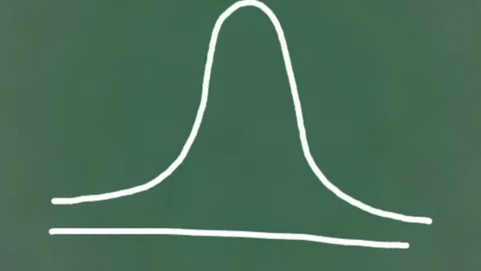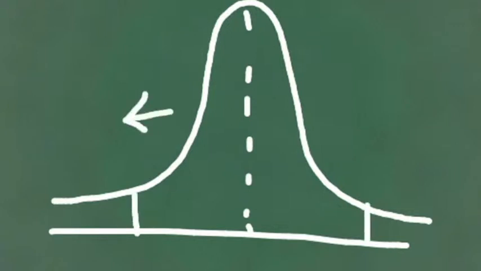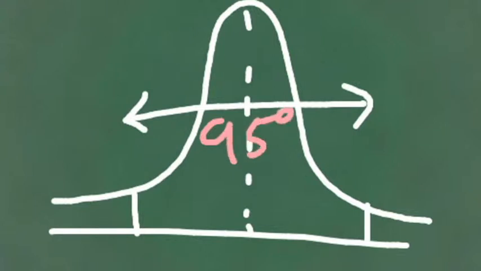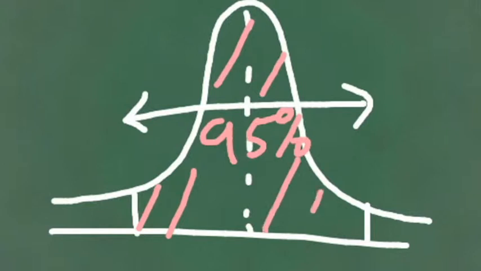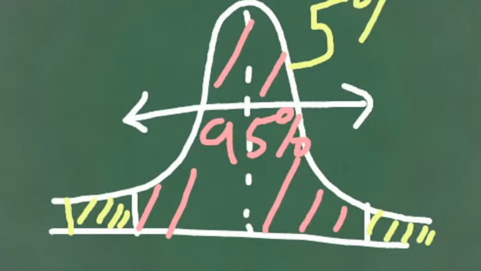If we have a bell-shaped graph like that, and then we choose the middle 95%, the region that's shaded here represents 95%. It means the area that's not, which is here and here, together is going to be 5%.